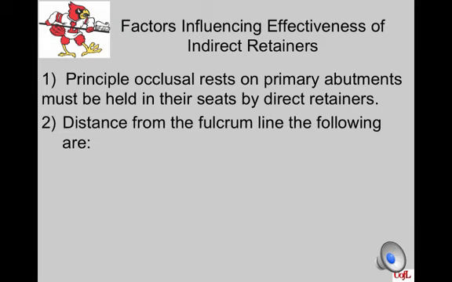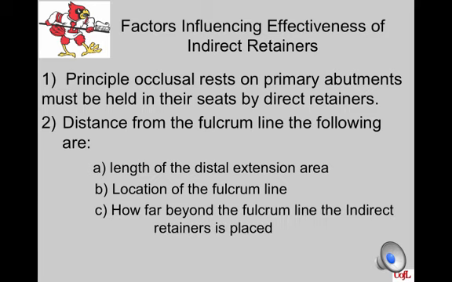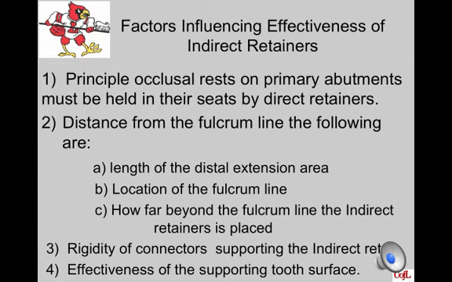The following three things have to be considered: the length of the distal extension area, the location of the fulcrum line, and how far beyond the fulcrum line the indirect retainers are placed. 3. The rigidity of the connectors supporting the indirect retainers. They must be rigid to properly function. And lastly, the effectiveness of the supporting tooth area. If the indirect retainer is not placed in a positive rest seat, it will not be effective.